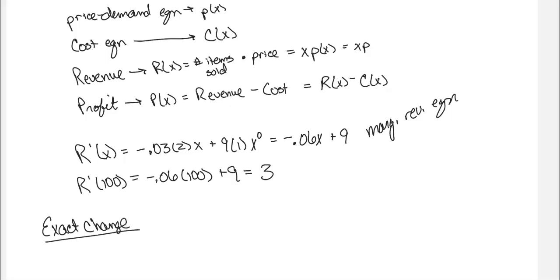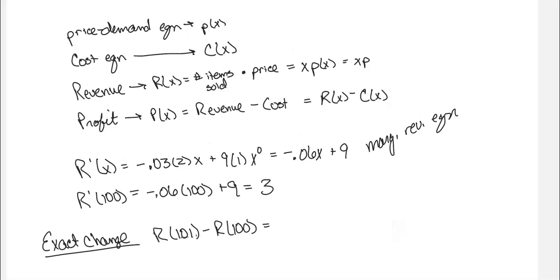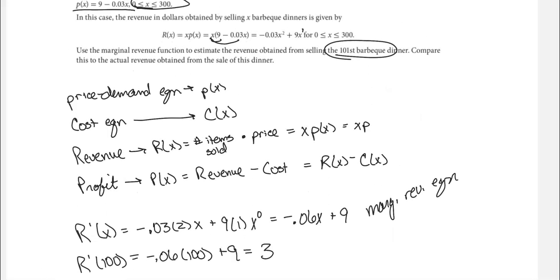So to find the exact value, we're going to take and produce 101 items, and we're going to subtract producing 100 items. And notice we're plugging this into the revenue equation, which is this guy up here.